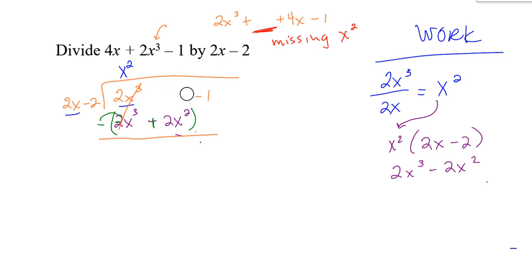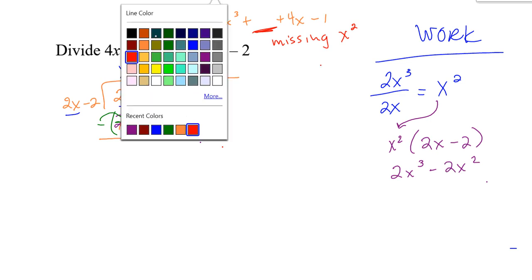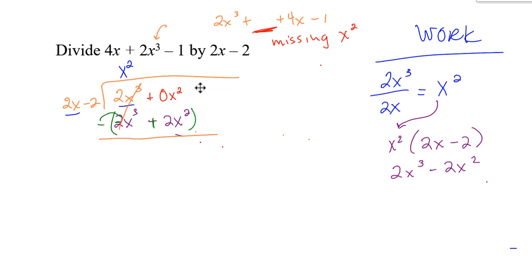So instead of going right to 4x plus 1, I'm going to put in plus 0x squared. That is just a placeholder. All that does is it helps things line up so that when you actually add them together, it's going to make a little bit of sense. Okay, that's 2x squared. Bring down the next term and start the whole process over again.